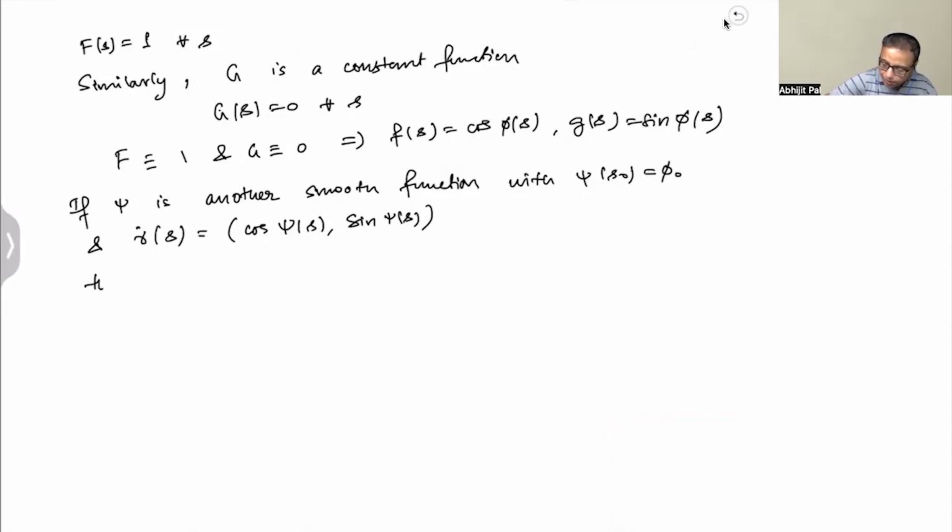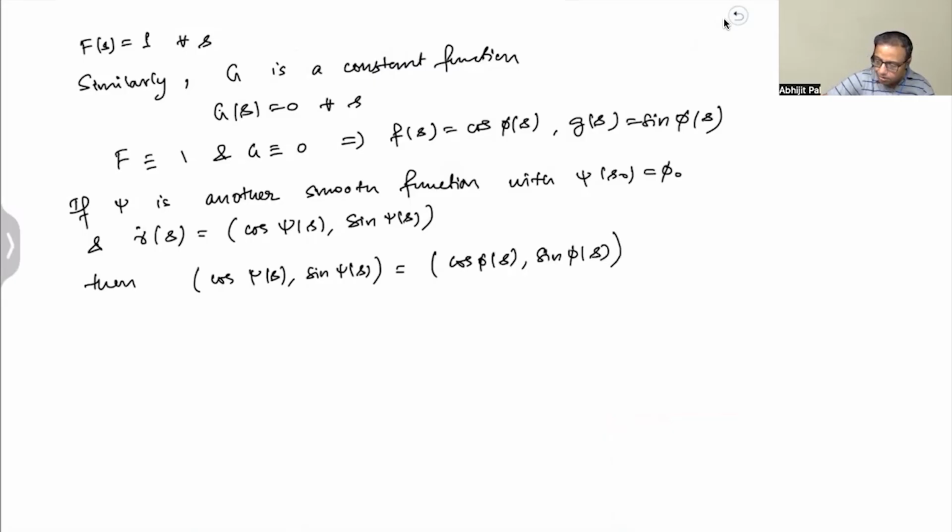So then cos psi s comma sin psi s, this ordered pair, is equal to cos phi s comma sin phi s.